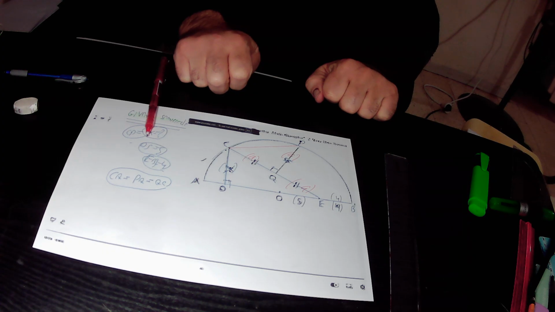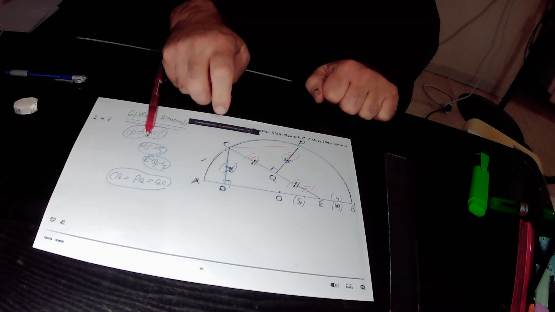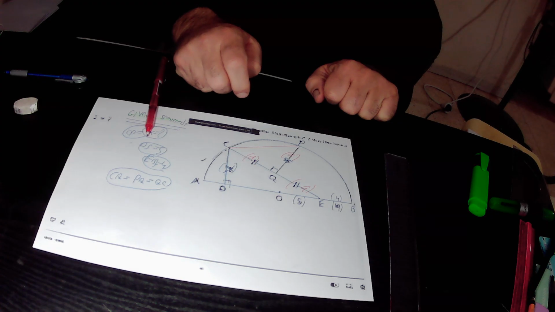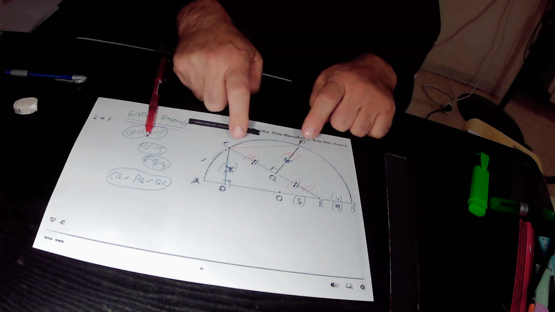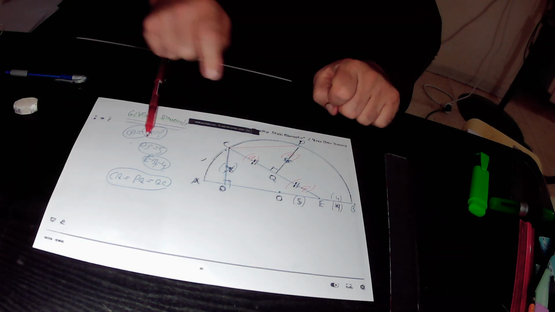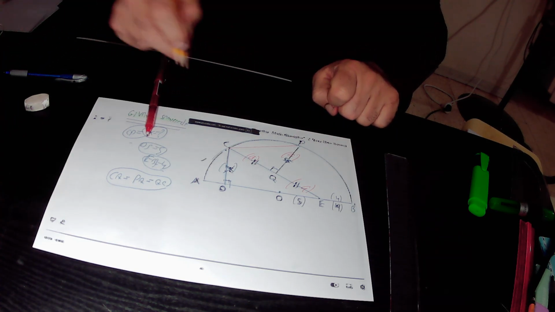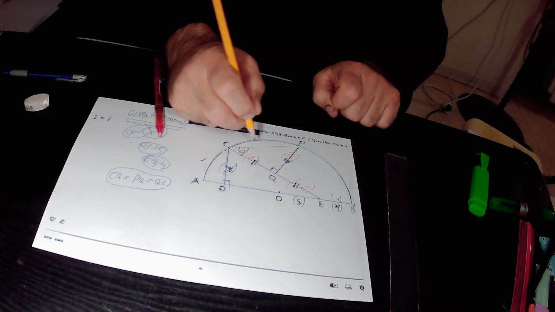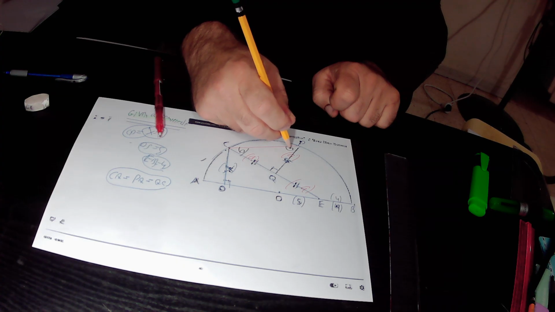We have the rule that says that in front of equal sides in a triangle there are equal angles. So in the right triangle CPQ, in front of those two equal sides, we have those two angles that must also be equal to each other in their sizes. So if we define the size of this angle as alpha, then the size of this angle must also be equal to alpha, according to the rule that I mentioned.